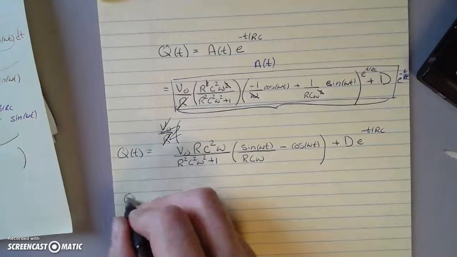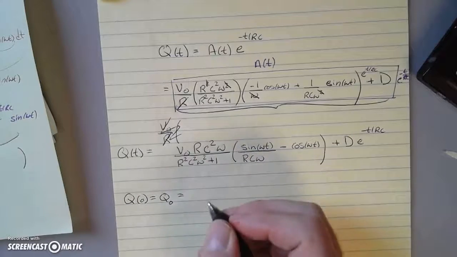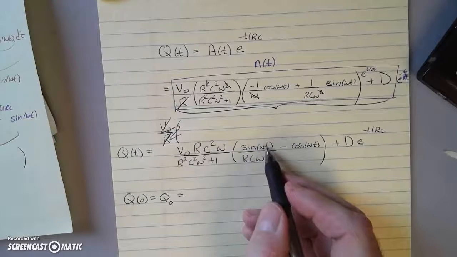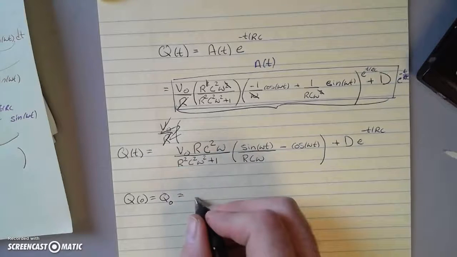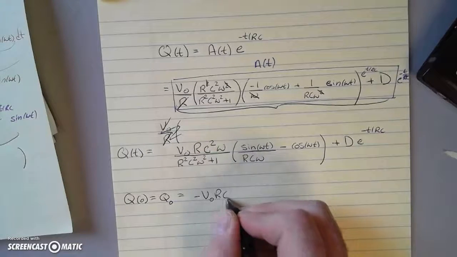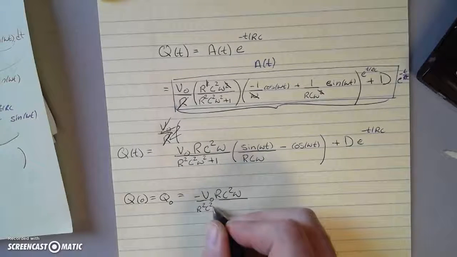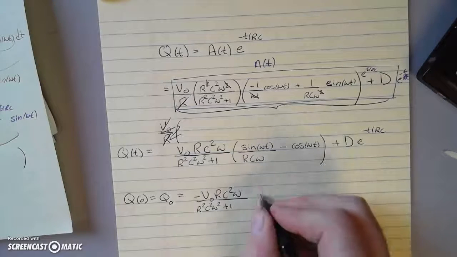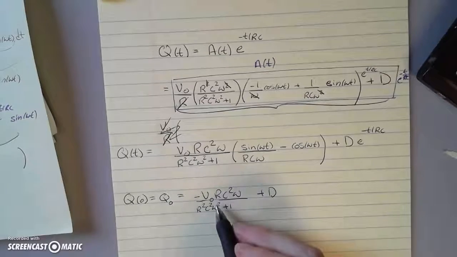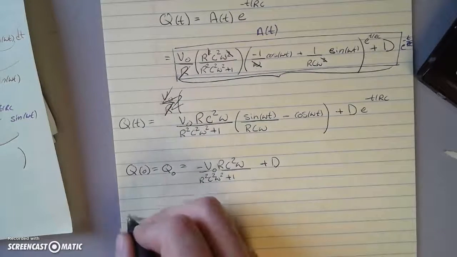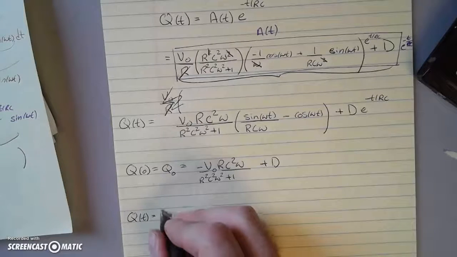Now for the initial condition, this isn't as hard as you might think. If I plug in 0 for time, the sine function goes away, the cosine doesn't, it's just a minus 1. So I get a minus v naught r c squared omega over r squared c squared omega squared plus 1 plus d. So d is just the q naught plus that. So it's a pretty burly solution.